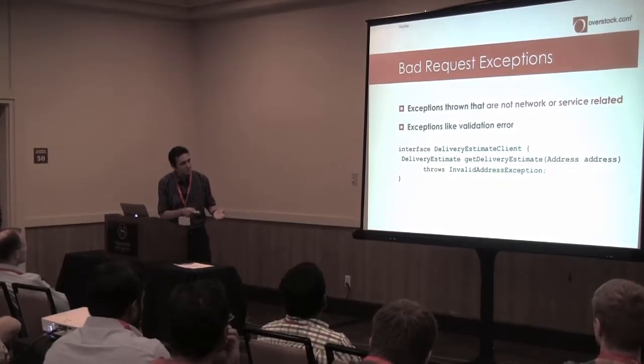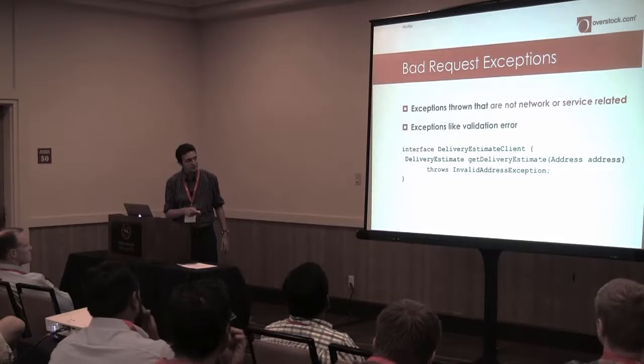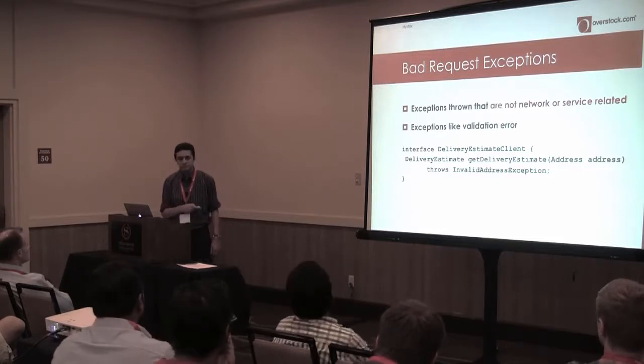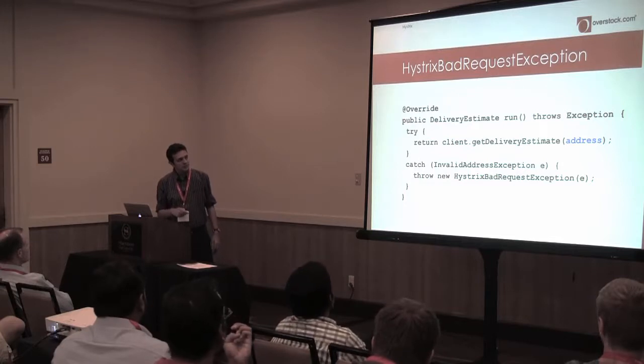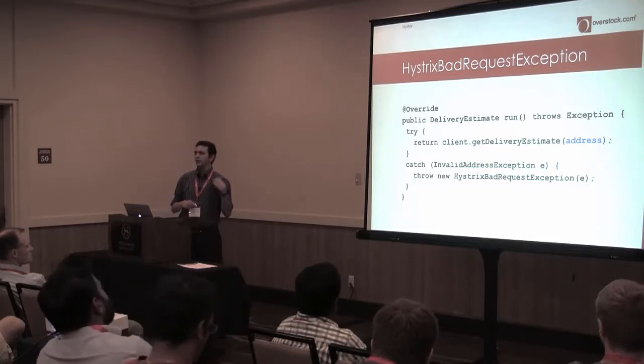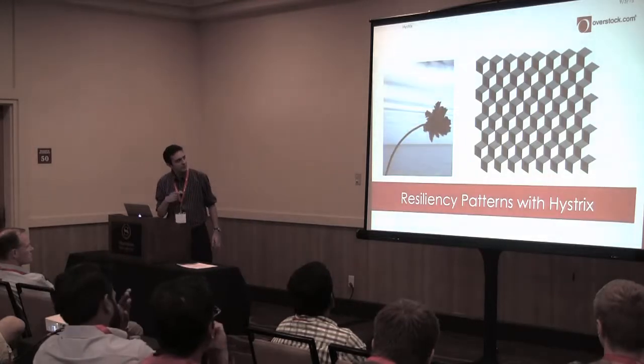It's more a symptom of an invalid call that was made. So how do you handle this? Because if this throws invalid address exception in the run method, it's going to contribute to failure counts. So in such a scenario you need to wrap that with what's known as a Hystrix bad request exception. By throwing the Hystrix bad request exception, it will not add that to failure metrics.